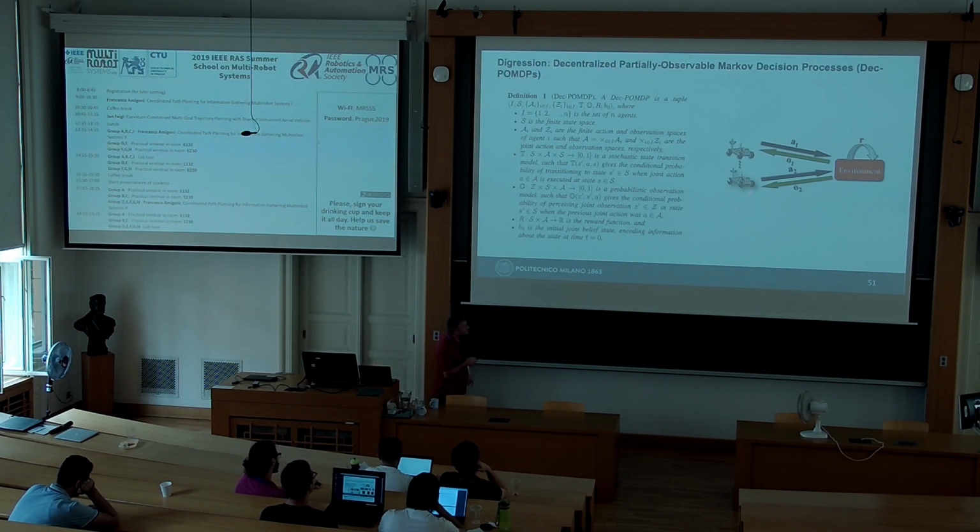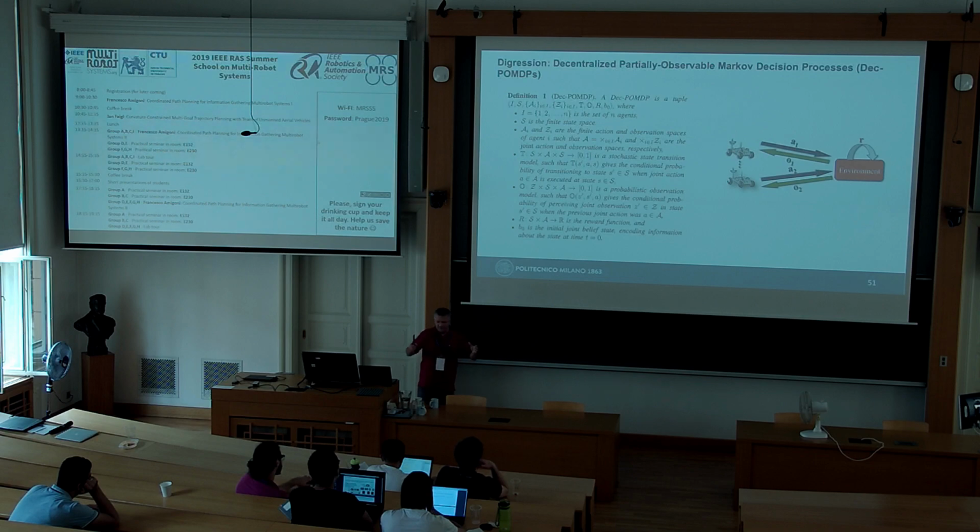What the agents can do is perform some actions in the environment and receive some observations from the environment. Each agent has its set of actions and its set of observations, and we will call A the joint action that the system as a whole can perform.